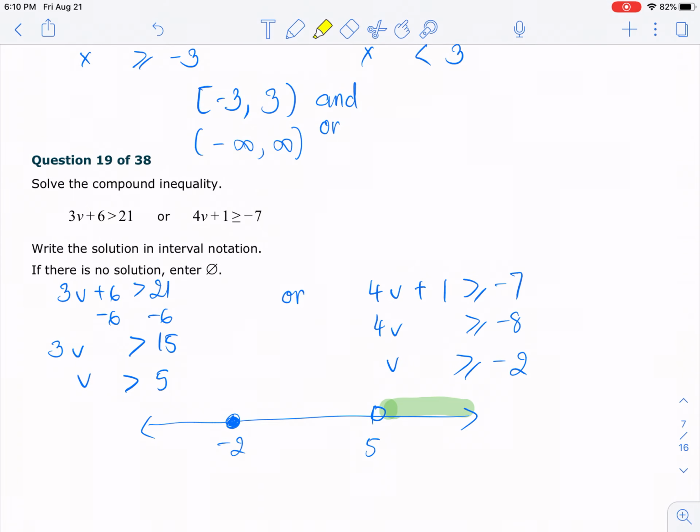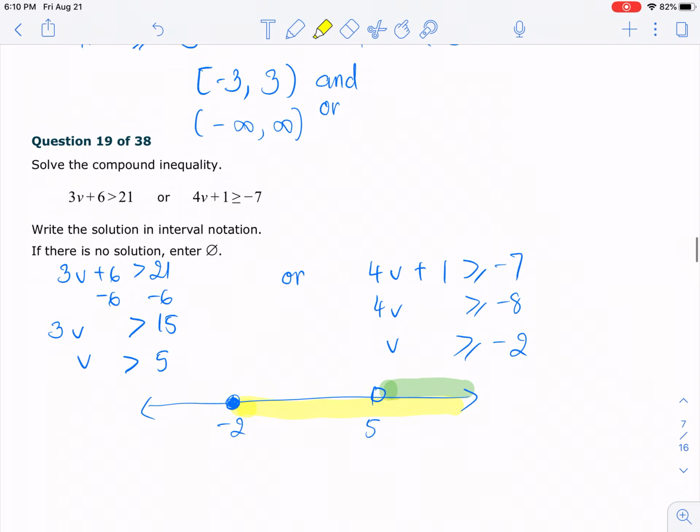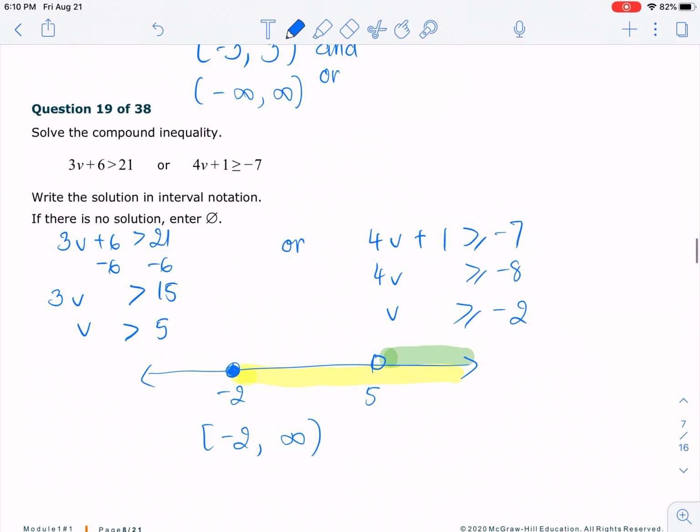Greater or equal to negative 2, also this way. This is a good problem. So for OR, where do we start seeing color? At negative 2. So it's going to be negative 2 to infinity. So this is for OR.